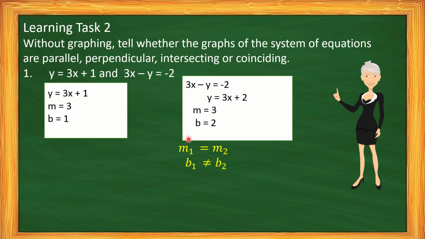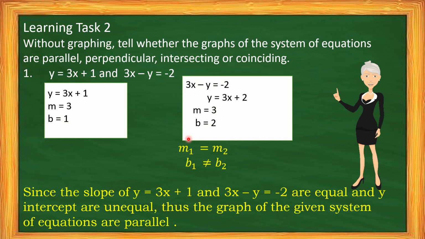So, number 1. Since the slope of y equals 3x plus 1 and 3x minus y equals negative 2 are equal and y-intercept are unequal, thus, the graph of the given system of equations are parallel. So, parallel yung magiging graph nila.